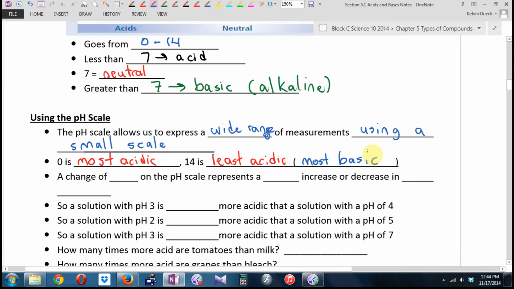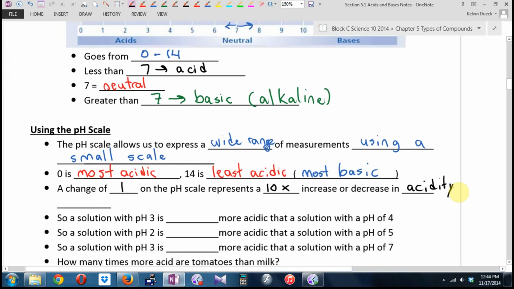Here's where the pH scale gets a bit weird. A change of 1 on the pH scale actually represents a 10 times, I'll symbolize that with 10x, but that's not an x, that's a times symbol, increase or decrease in acidity. Say what?